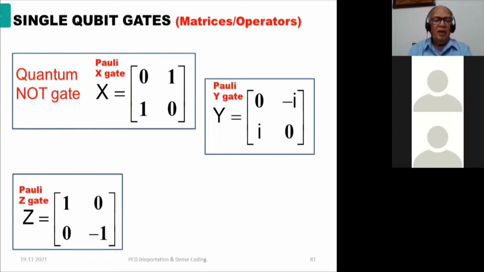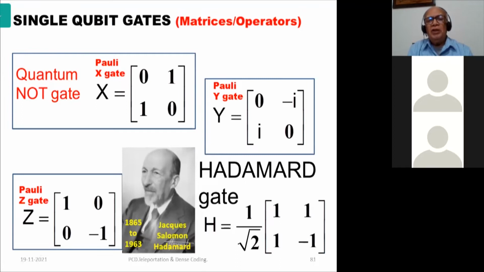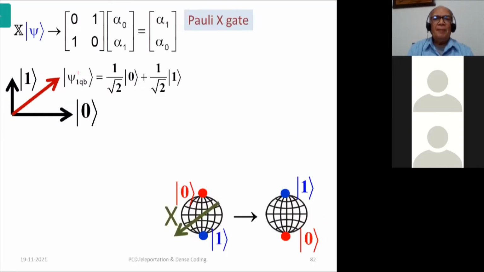They carry Pauli's name because of Pauli matrices, which we use in denoting the intrinsic spin half angular momentum of the electron. And she could also use the Hadamard gate. We have discussed these single qubit gates earlier in some of our previous discussions. And Alice could use any of these single qubit gates.